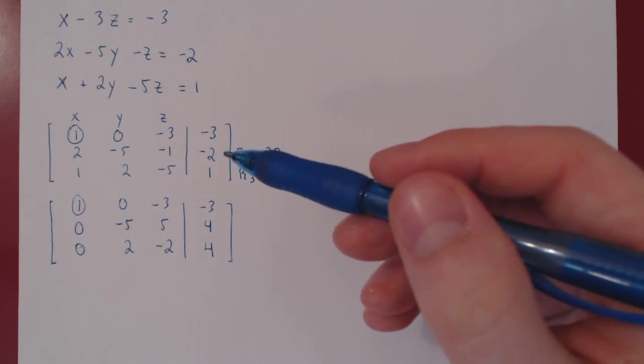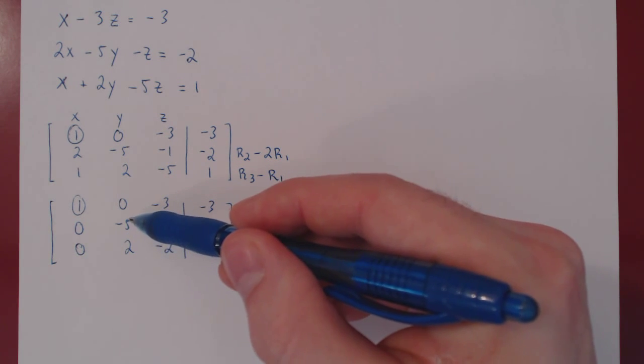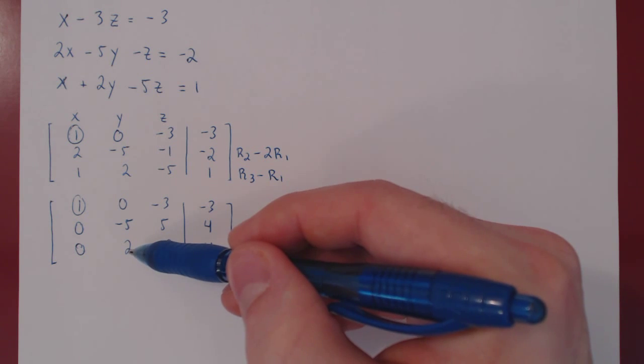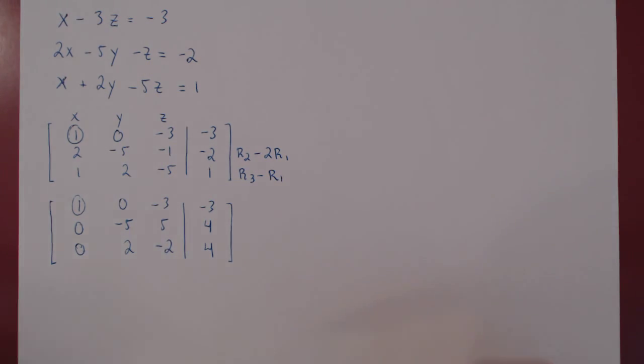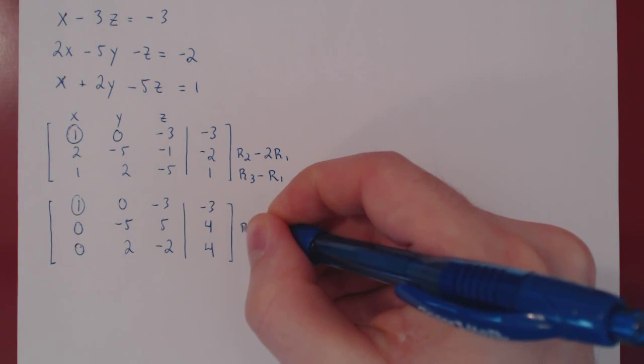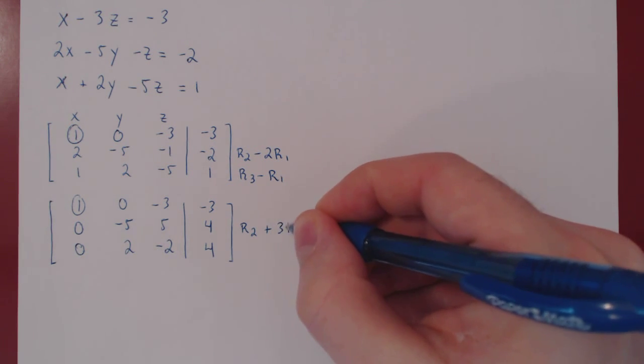Or we could be sneaky and do row 2 plus 3 row 3, as negative 5 plus 6 would be positive 1. Just for the hell of it, let's do this. So row 2 plus 3 times row 3.